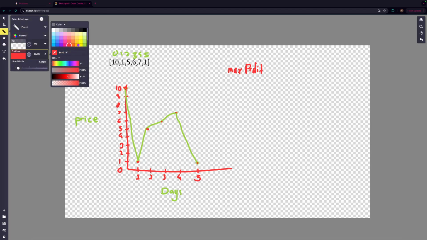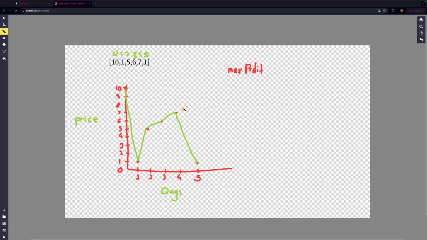So in this case, we have our max here, and we have our minimum here, and we can see that we're going to make the most profit because this is the lowest day we can buy on, and this is the maximum day we can sell on.